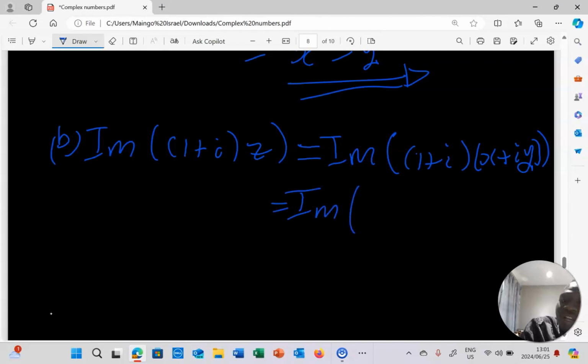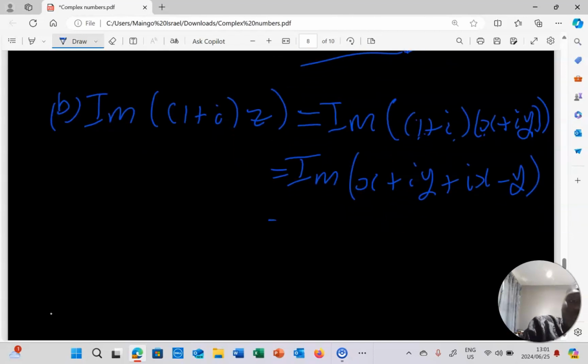So when you multiply here, 1 times x is x, plus iy, multiplying this one with this one, and this one is plus ix, and that one is negative because i and i is i squared and is negative y. So this one times this one is x, this one is iy, this one times this one is ix, that one is minus y.